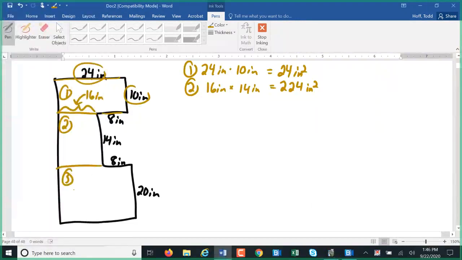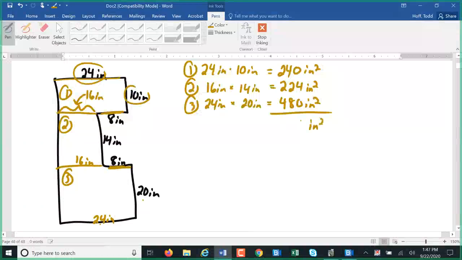And then piece 3 is 20 by, we know this down here still has to be 24 inches, because this is 8 inches here and there, so it has to go back 16 inches plus 8, which is 24 again. So piece 3 is 24 inches by 20 inches, or 480 square inches. So that adds up to 944 square inches of total area.